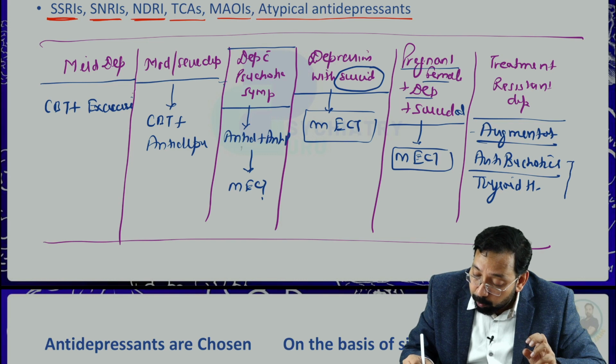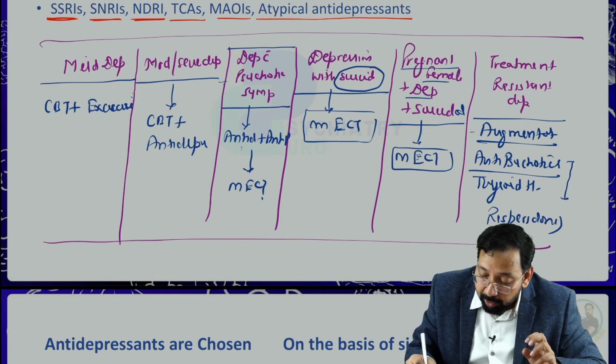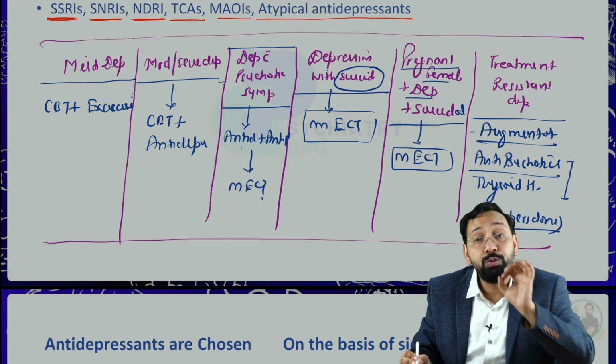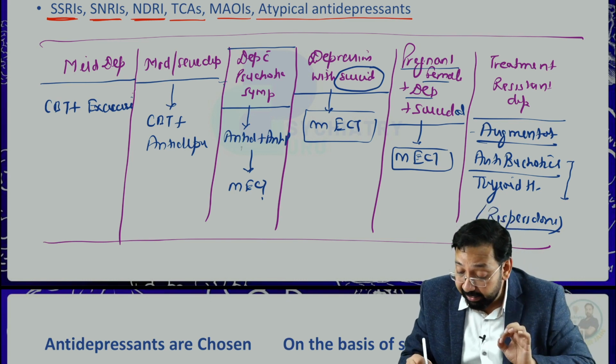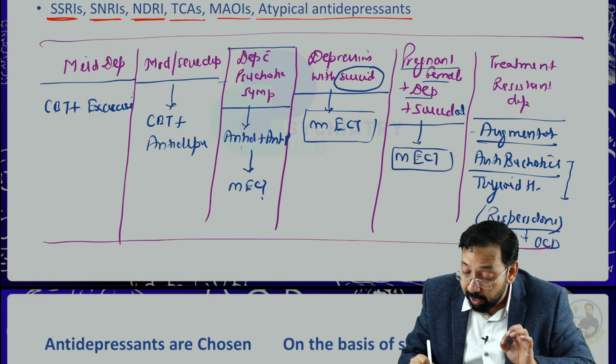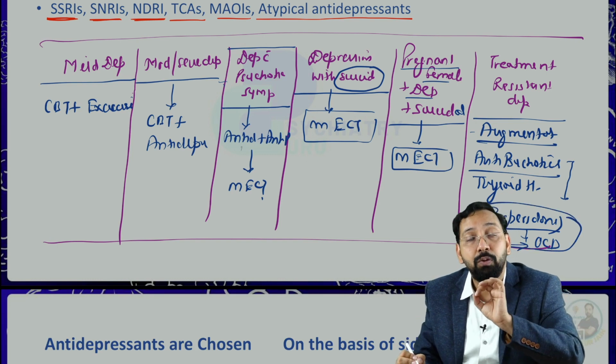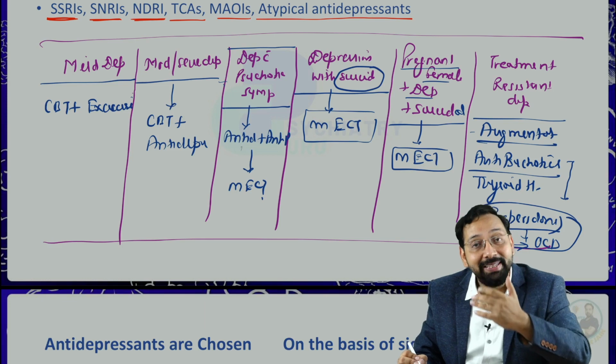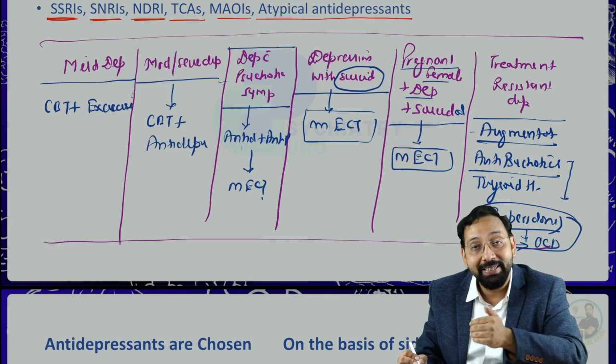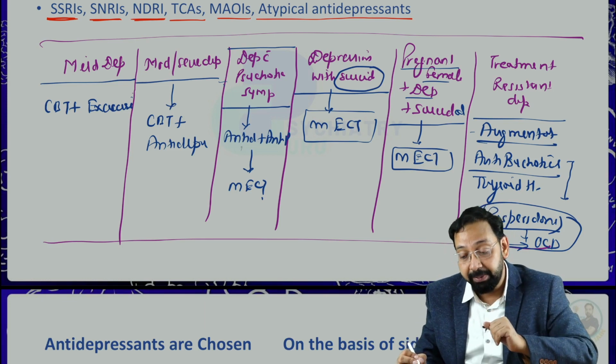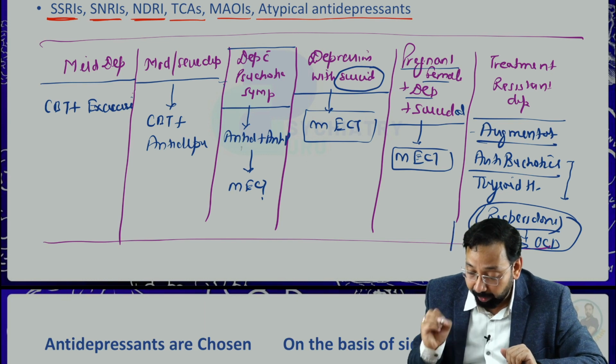Among antipsychotics, risperidone, a question has been asked. We found that this is also used as an augmenting agent in obsessive compulsive disorder. So if they ask what are the uses of risperidone, it is an augmenting agent in OCD and in treatment resistant depression. Yes, you can use it.